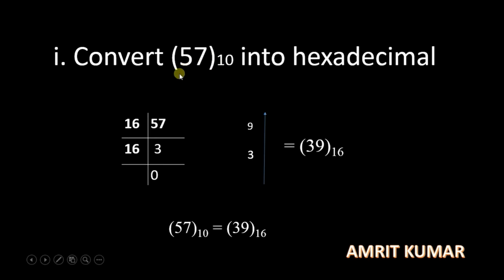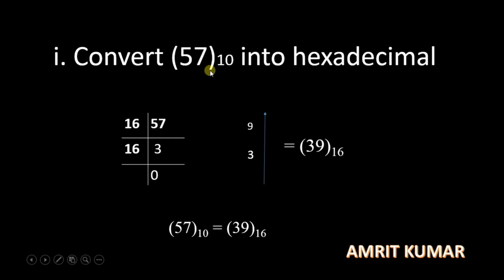So this is a decimal number and we have to convert it into a hexadecimal number. We also know that the base of a hexadecimal number is 16.